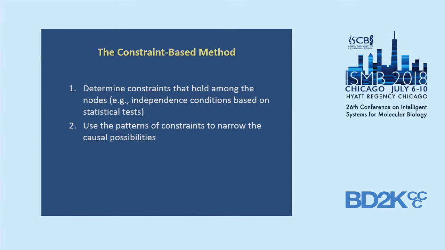Those are typically independence constraints, like we might get from a chi-square test, that A is independent of C given B. And then it uses those patterns of constraints to narrow the causal possibilities as much as possible, and that's what it outputs: what are the causal possibilities consistent with those constraints?